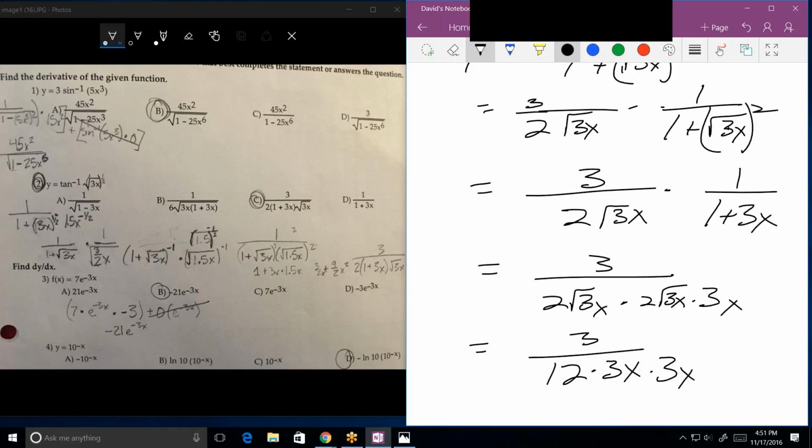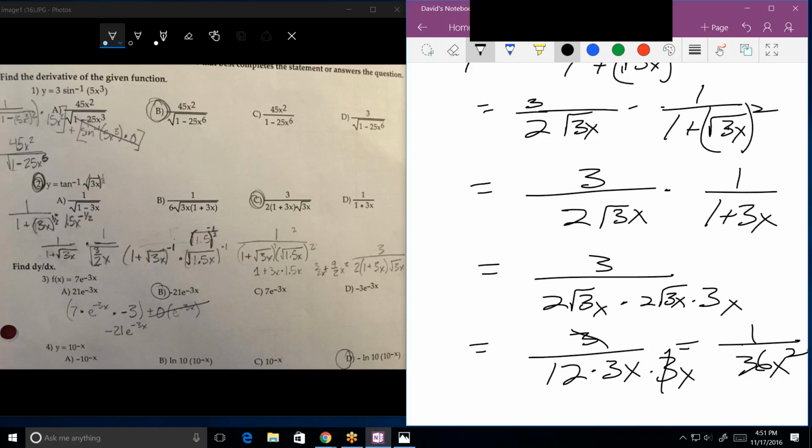Well, hold on. If I multiply all the numbers, I get 2 times 2 times 3, which is 12 in the bottom, 3x times 3x times 3x. And then that will cancel with that, and I should have 1 over 36x squared.